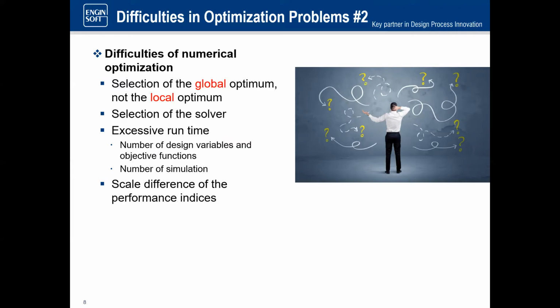As far as the numerical optimization itself, one of the challenges is that you want the optimizer to be able to select the global optimum and not just some kind of local optimum. So if we think back to that valley scene, there are certain places that might have been locally a high point, but not the overall high point on the range.